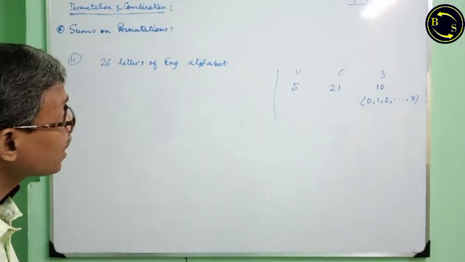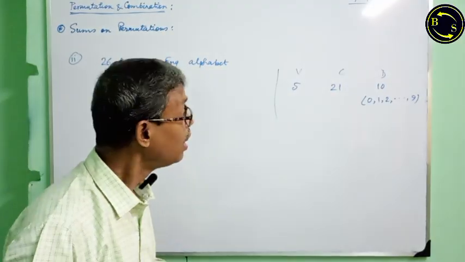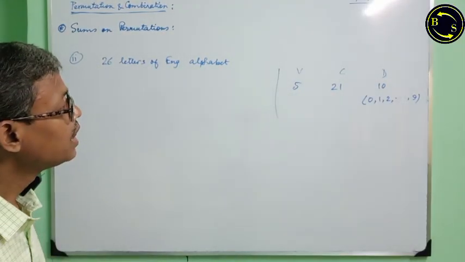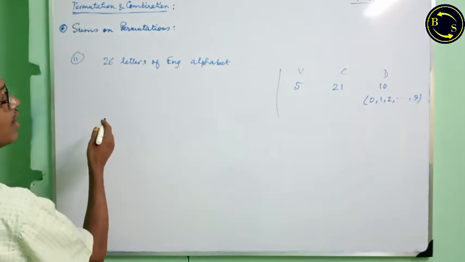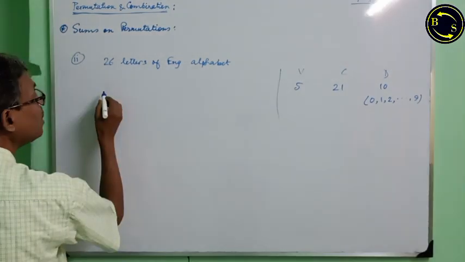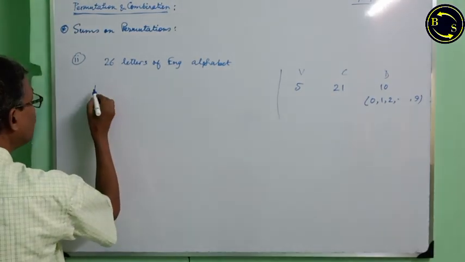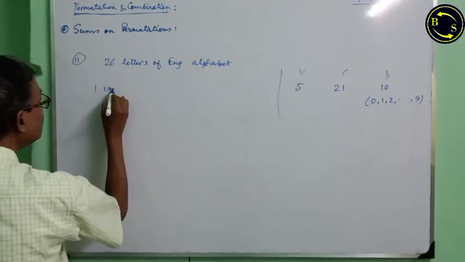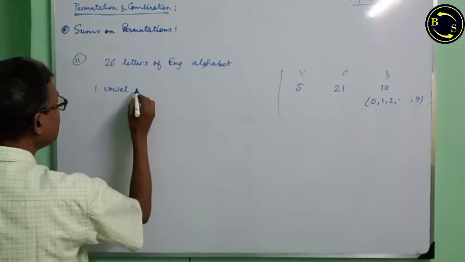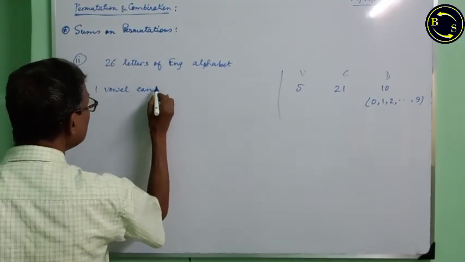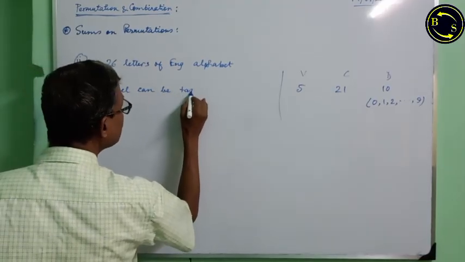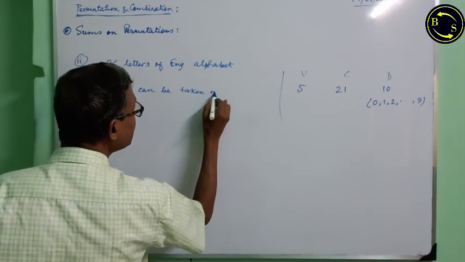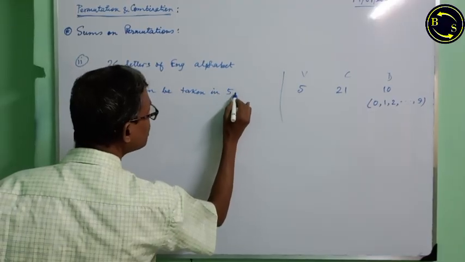Now we can solve this sum like this. Out of 5 vowels, we can take one vowel in how many ways? One vowel can be taken in 5 ways.